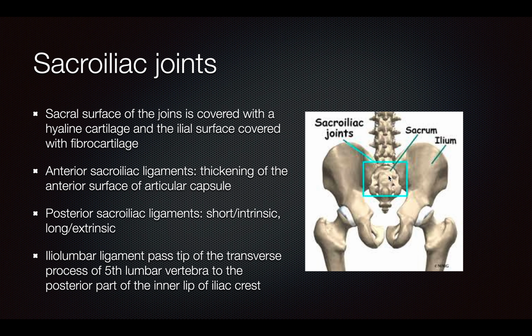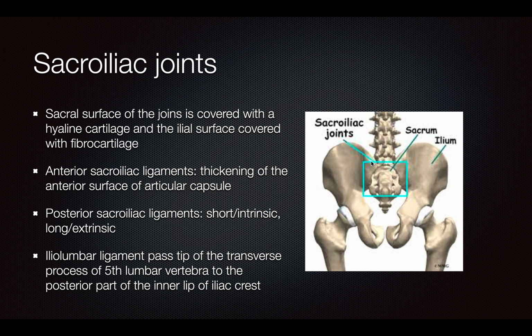The sacral surface of the joints is covered by hyaline cartilage, and the iliac surface is covered with fibrocartilage. The anterior sacroiliac ligaments are a thickening of the anterior surface of the articular capsule, and the posterior sacroiliac ligaments are divided into the short intrinsic and the long extrinsic ligaments.